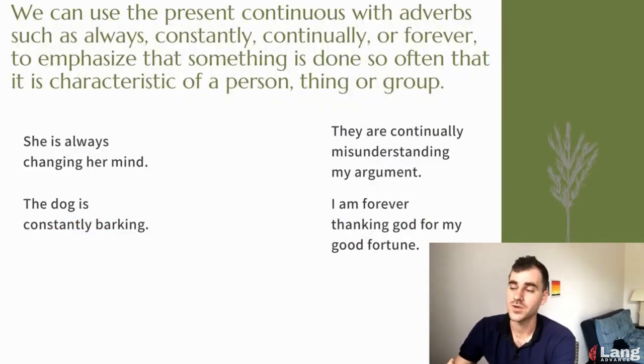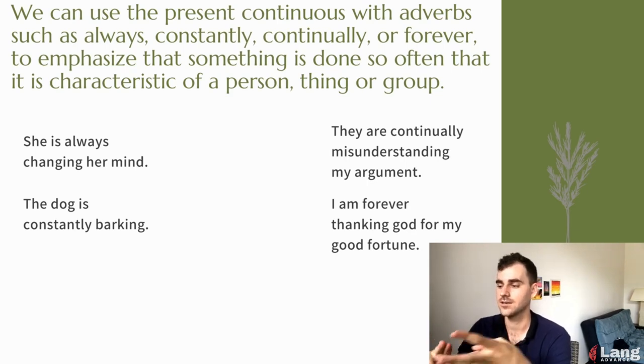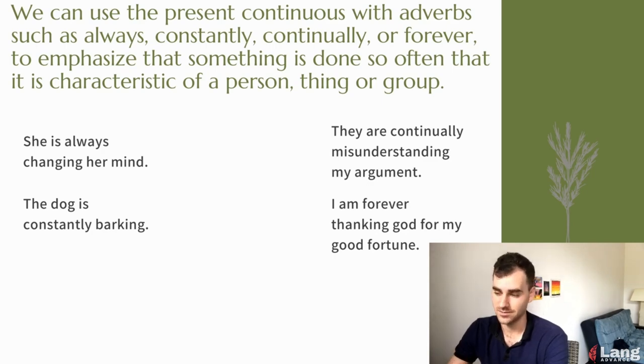We can use the present continuous with adverbs, such as always, constantly, continually, or forever, to emphasize that something is done so often that it is characteristic of a person, thing, or group. She is always changing her mind. The dog is constantly barking.